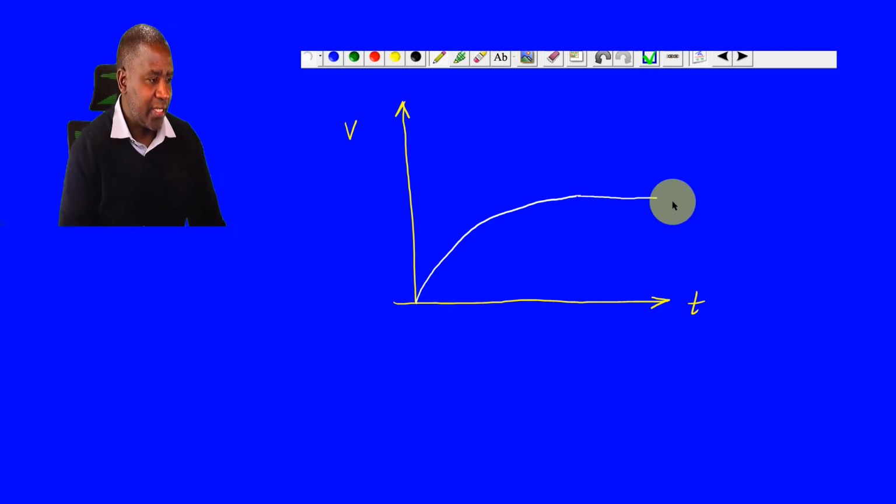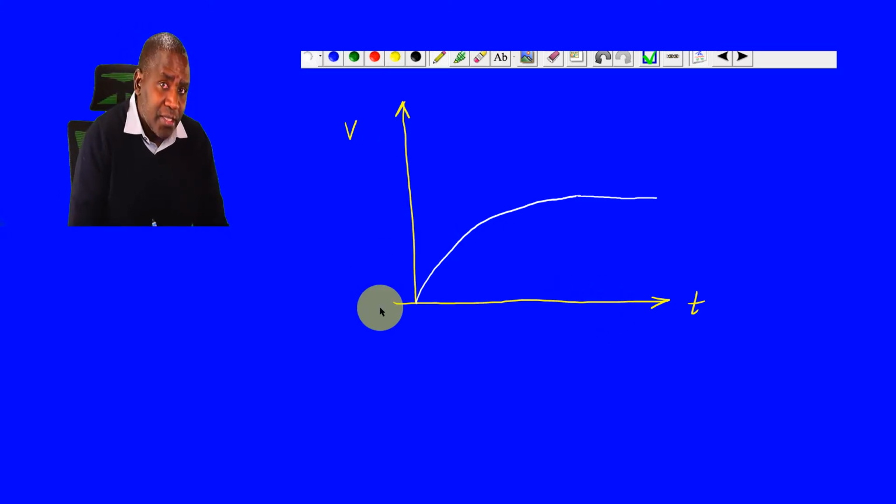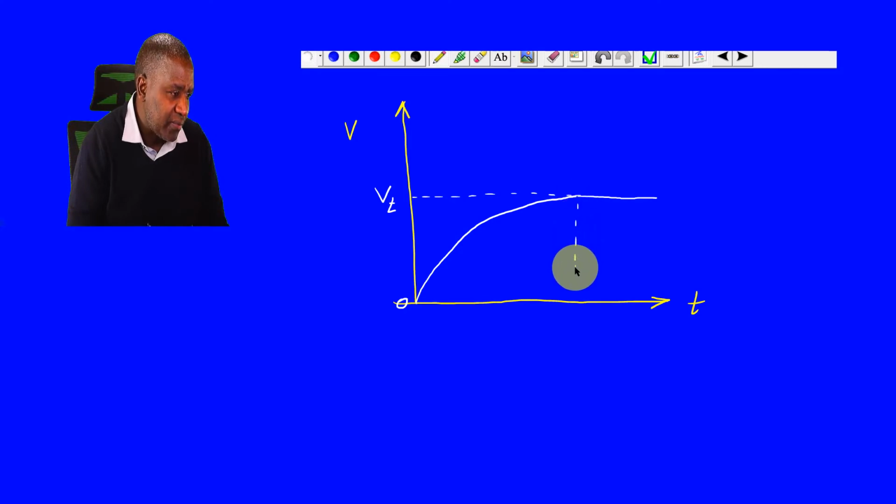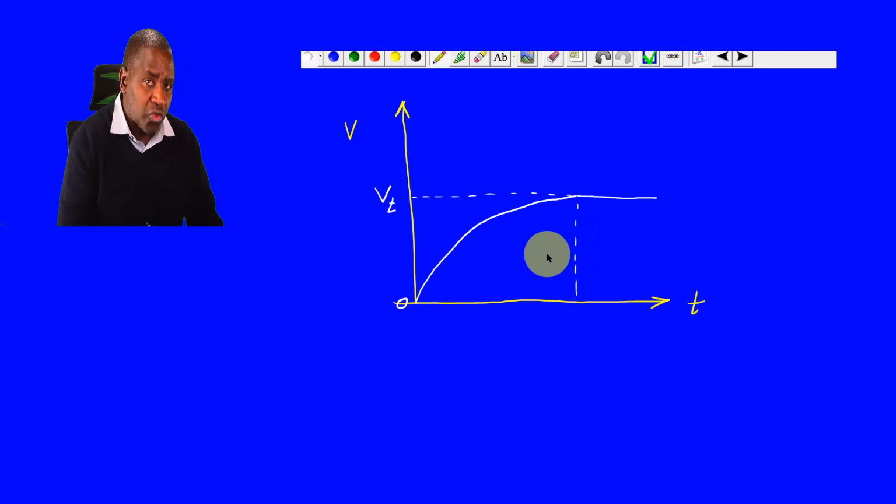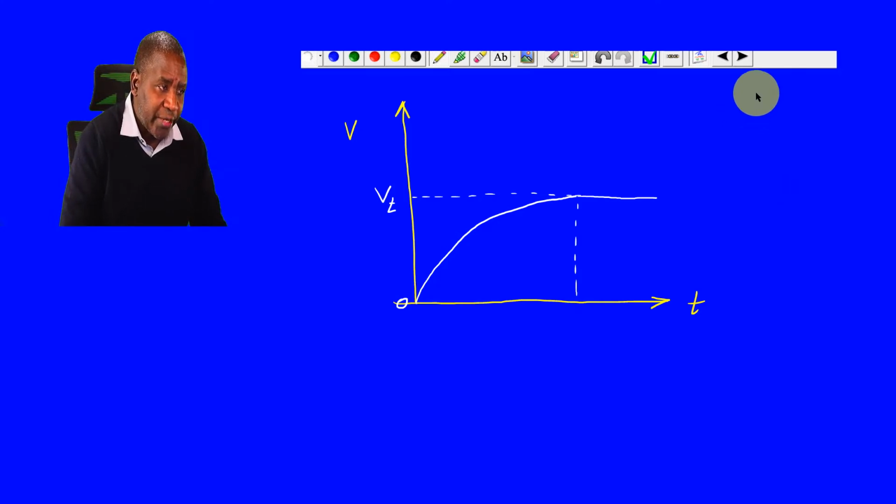In other words, that line is going to be parallel to the t-axis. Remember, what I have on the y-axis is velocity, and this is, of course, time. Here you've got, let's say, 0, and then here you've got a certain velocity, which we are going to call terminal velocity, vt. Let's see what happens to the object as it falls downwards through the liquid.